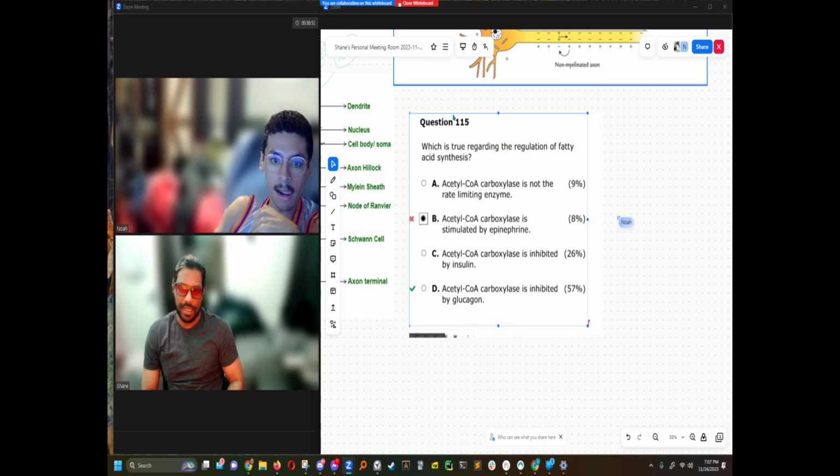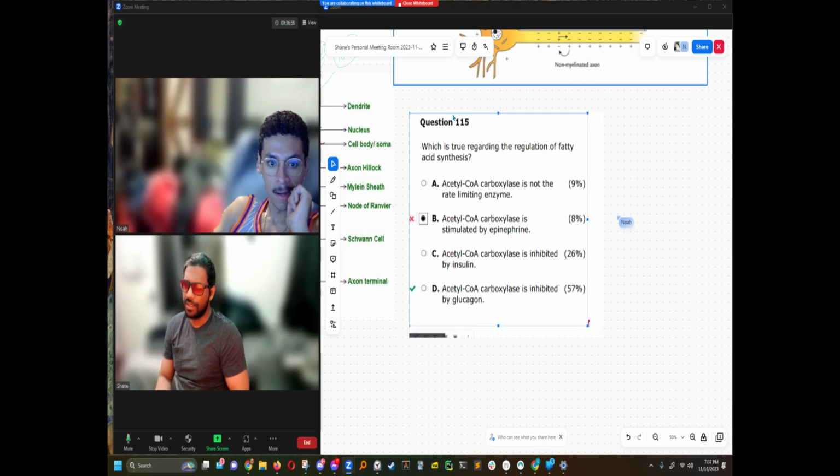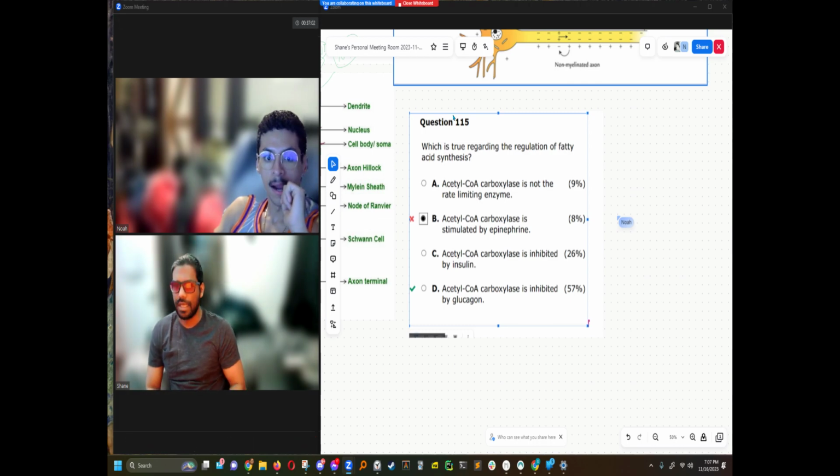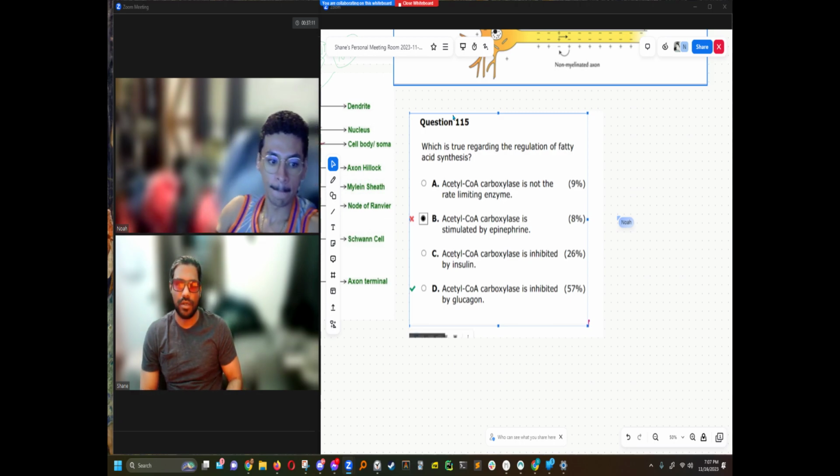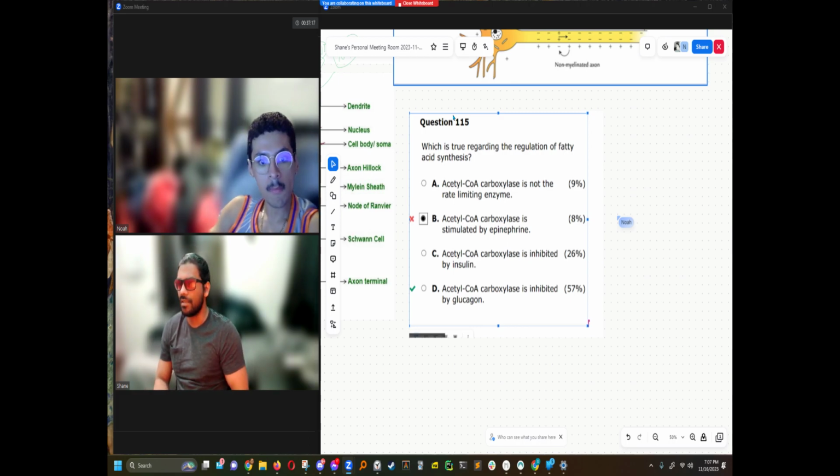And B says acetyl-CoA carboxylase is stimulated by epinephrine. That's saying if your fight or flight response, for instance, is activated, it'll stimulate this acetyl-CoA carboxylase enzyme.